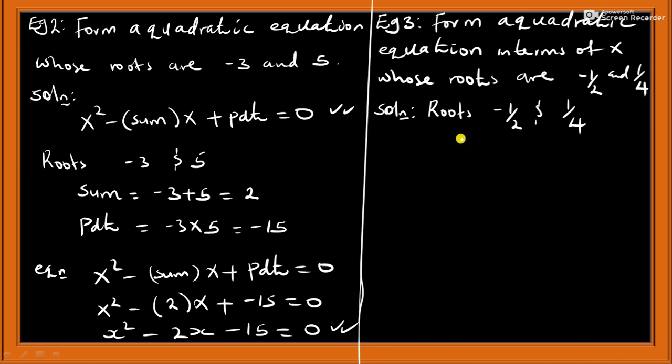So if this is the case, then I get the sum of the roots, which is going to be negative a half plus a quarter. When you get negative a half plus a quarter, you will get negative 3 out of 4.